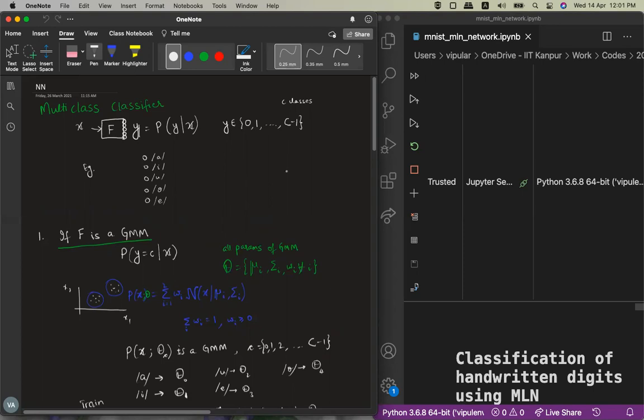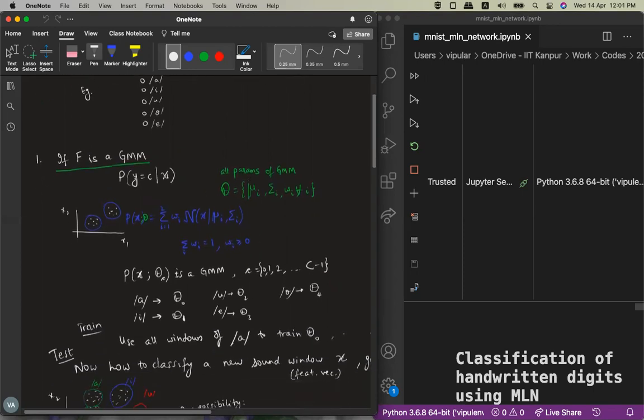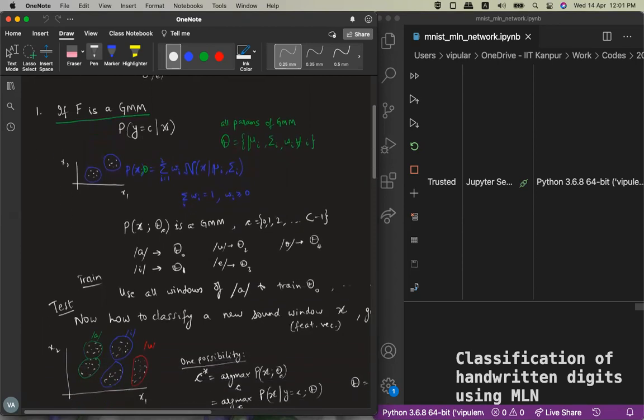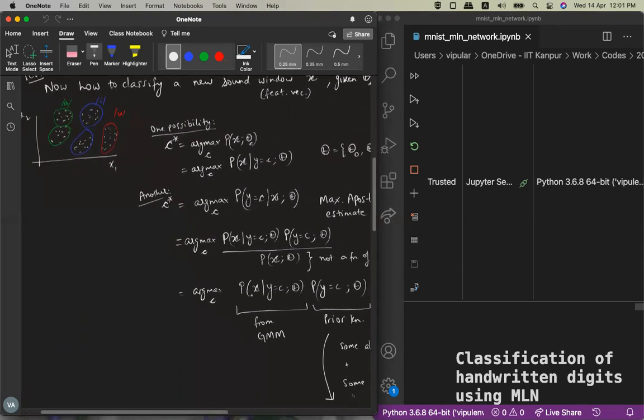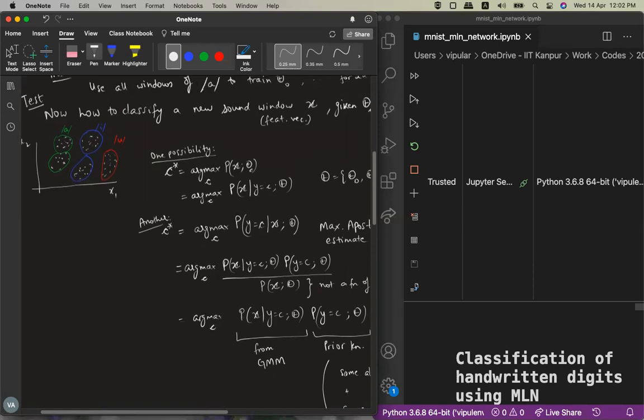GMM basically does not give you the probability of y given x. It gives you the probability of x given the class. So basically each class has a separate GMM. Let us say I have my green class, it will have one GMM.